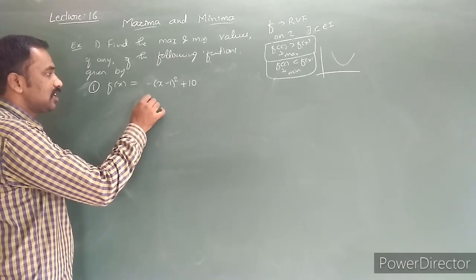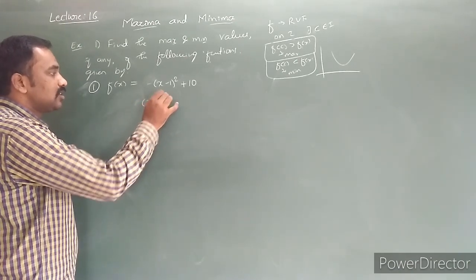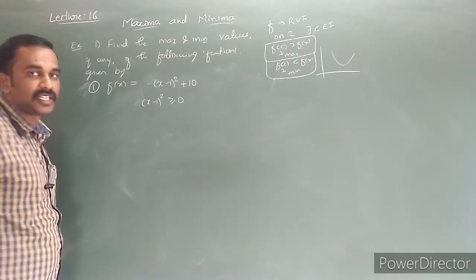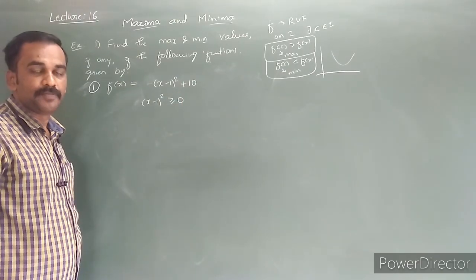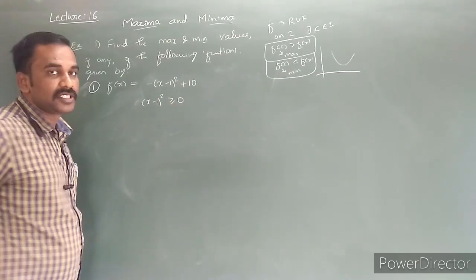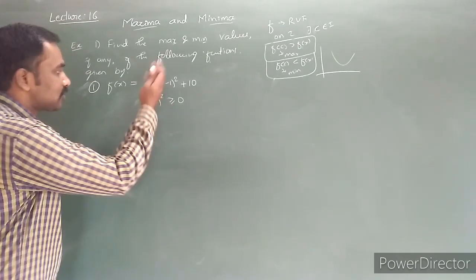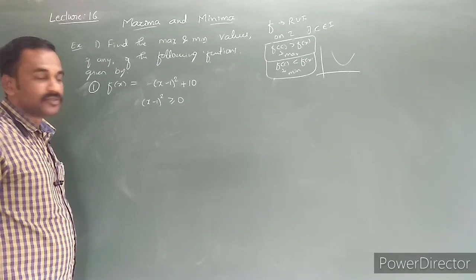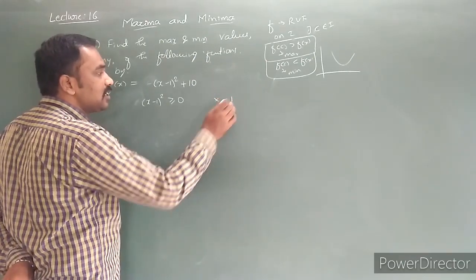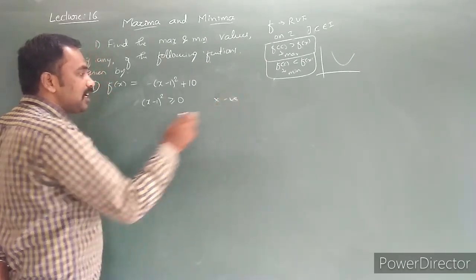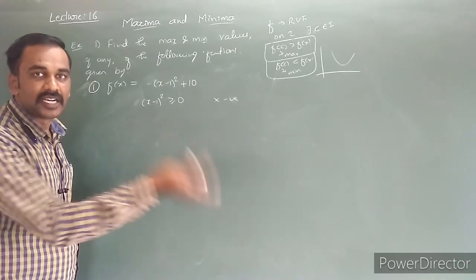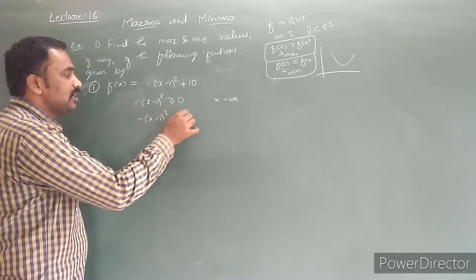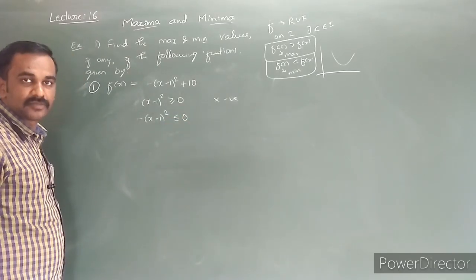First of all, I consider only x minus 1. (x minus 1) whole square is always greater than or equal to 0. Do you agree? The square is positive. But here it is multiplied by a negative, and when multiplied by a negative, the inequality reverses.